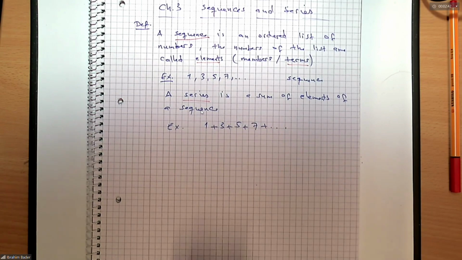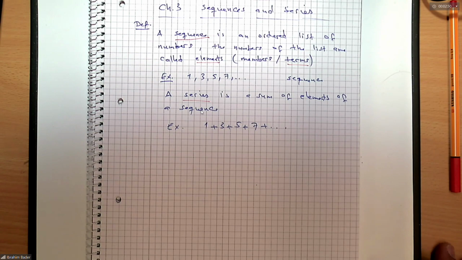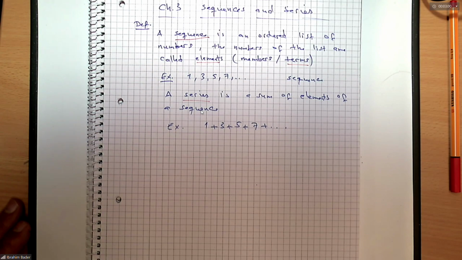So if you talk about series, you can talk about partial sums, which means the sum of some elements of the sequence, or you can also talk about the entire sum, as we will see in the next part of this chapter. But today and for the mock exam, we will care about the sequences.